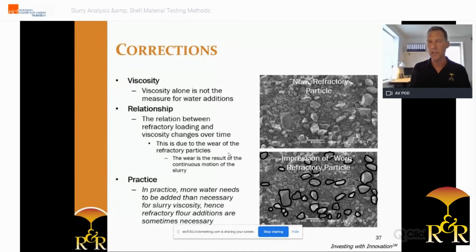So you might have noticed in practice that, while the viscosity is kept within its specification by adding water, the binder solids still tend to rise out of specification. It means that when the slurry is aging and wears over time, more water and refractory is needed than necessary for viscosity corrections alone.